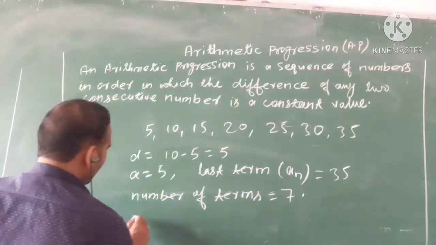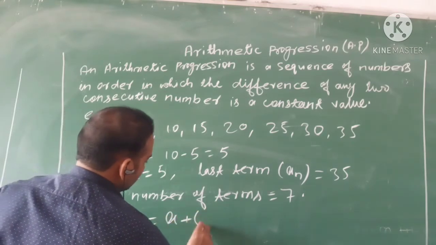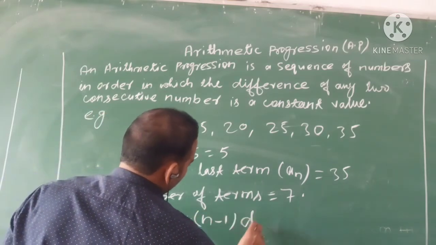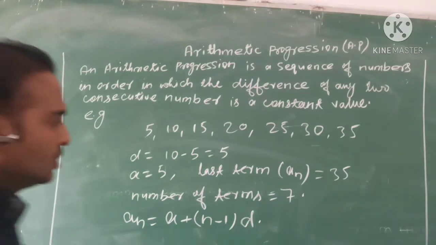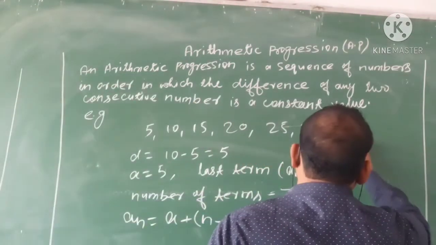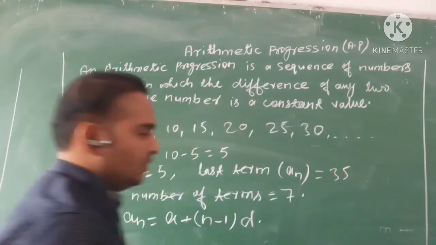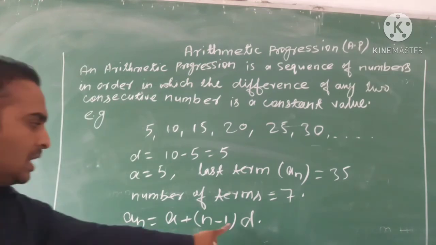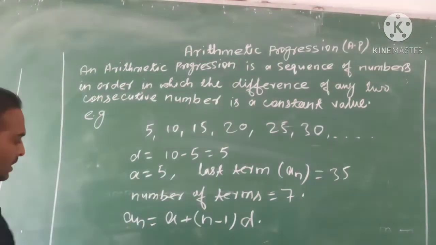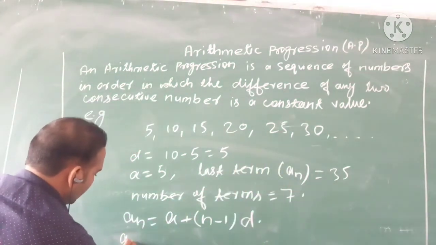Now we write the formula of the nth term. An is equal to A plus n minus 1 into D. Suppose its last term is not given. Then we have to find the last term An with the help of this formula. N is 7, then we find A7.